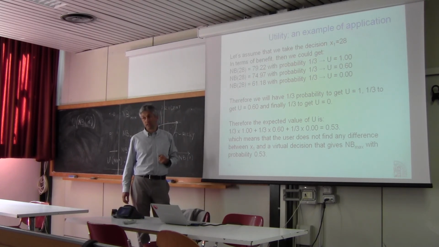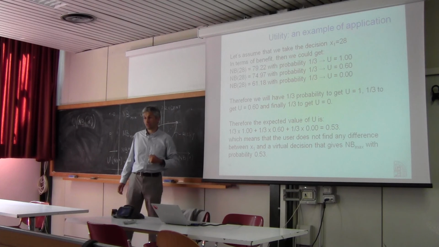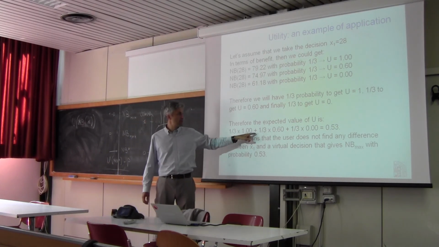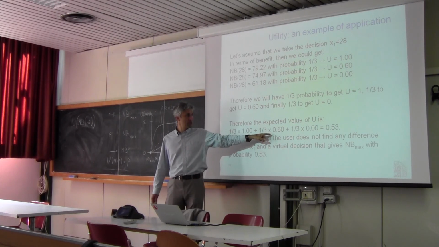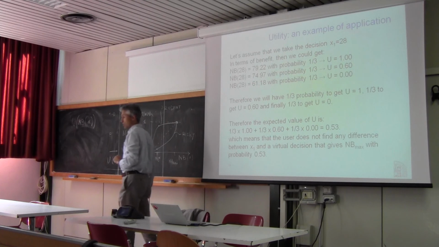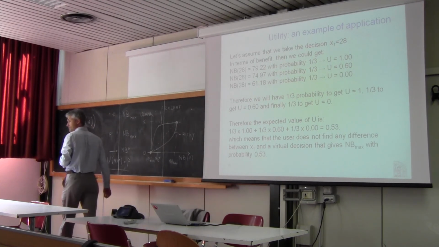Therefore, we can compute an expected value of utility. 1/3 times 1 plus 1/3 times 0.6 plus 1/3 times 0, which means a result of 0.53.